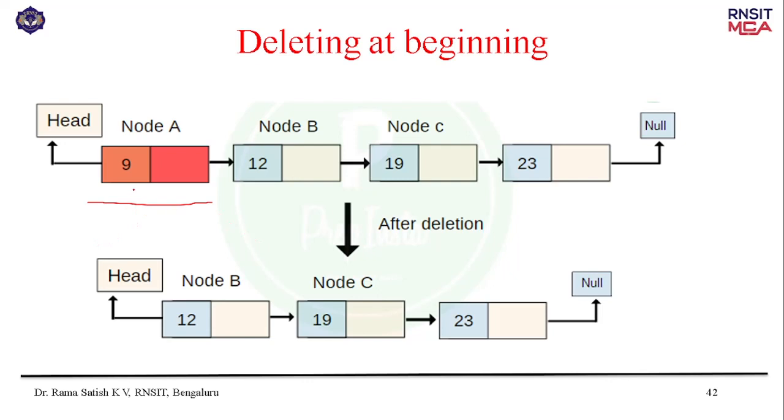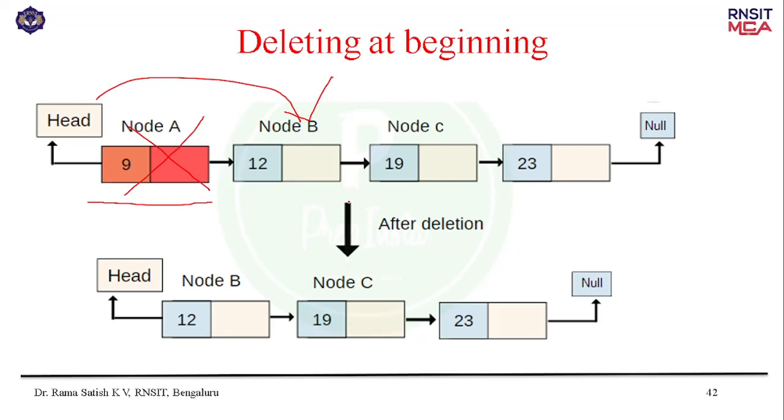What happens? You have to move this head, which is pointing to the first node, to the next node, that is node B, and this node you have to delete. Delete in the sense, just like how you allocated the memory, the same way you have to deallocate the memory.